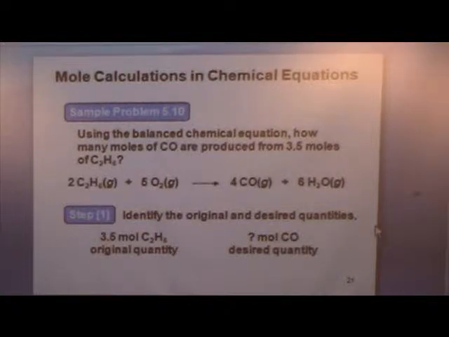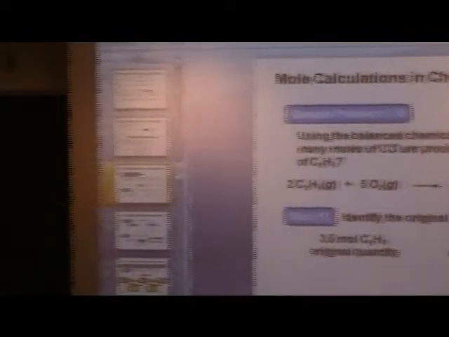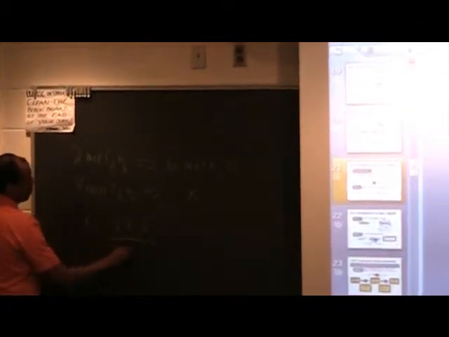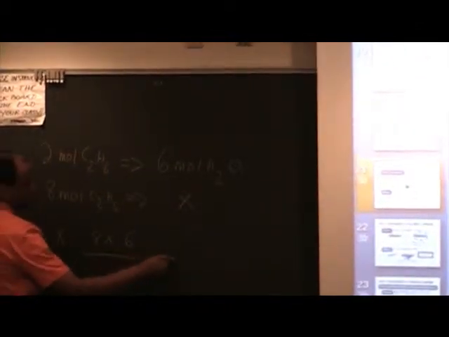This information is from the balanced equation. So if I have 8 moles of C2H6, how many moles of water should I get? X. So what do I do? Crisscross, which is 8 times 6 divided by 2, which gives you what?